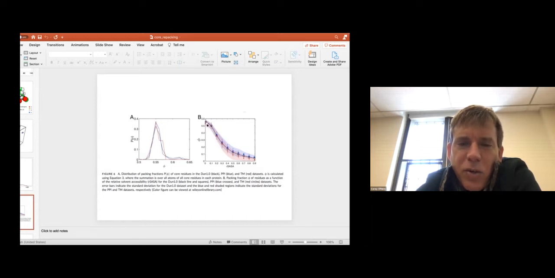As you go to very small values of R-SASA, below, say, 0.05, you reach the 55, 56% that we were talking about. And then there's a strong decrease, say, below 0.1 R-SASA. So this may be a good way of defining the core versus the surface, because you can see a kink in the behavior of the packing fraction versus the relative solvent accessible surface area.